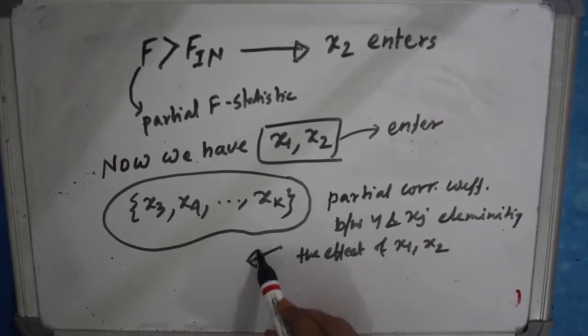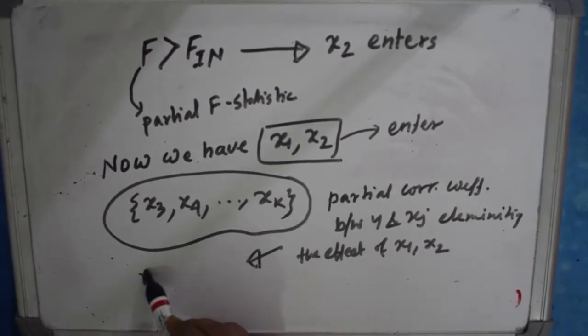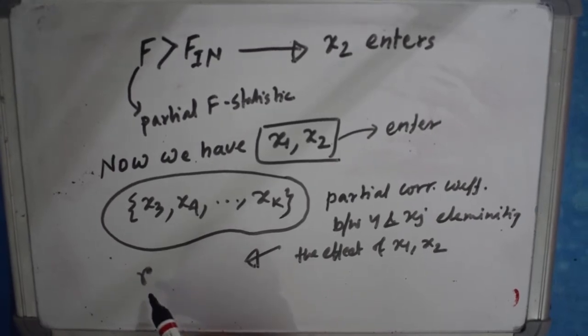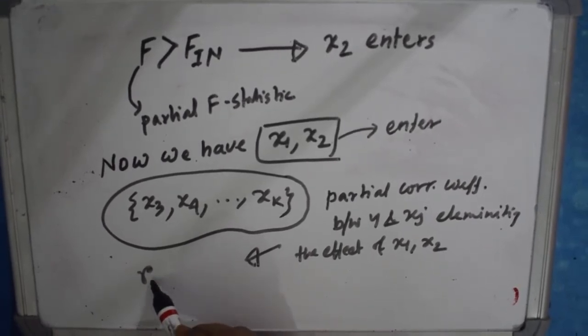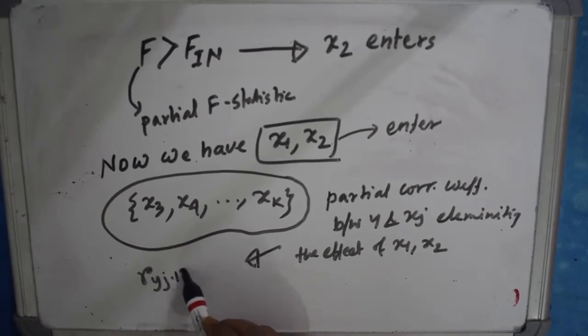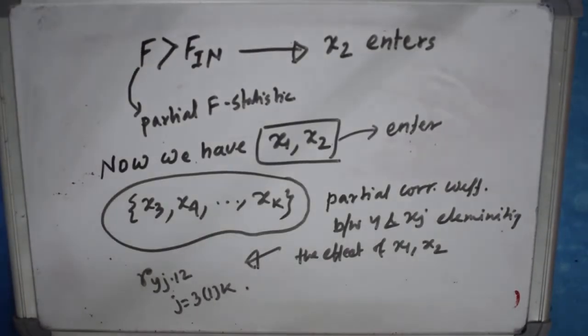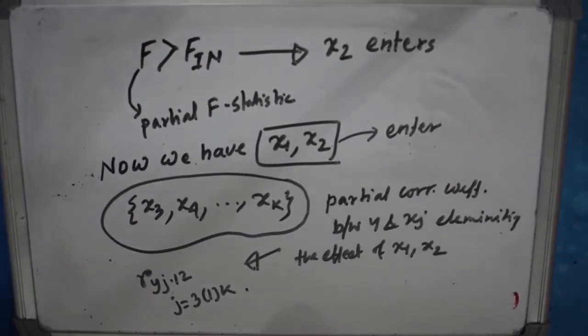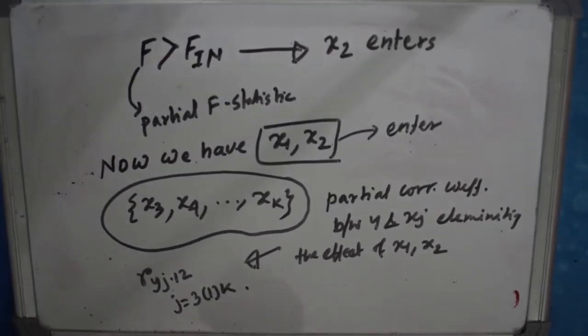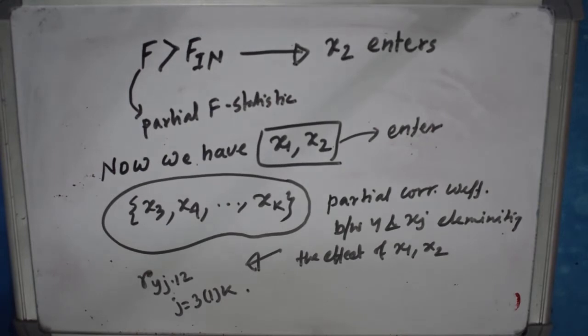We denote this by r_yj.12, where j equals 3 to k, and find the largest r_yj.12.